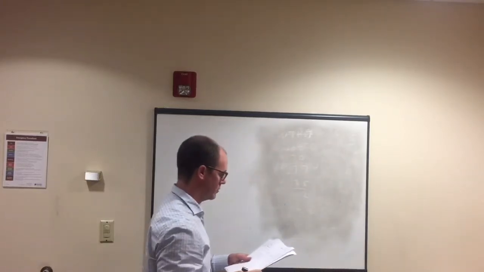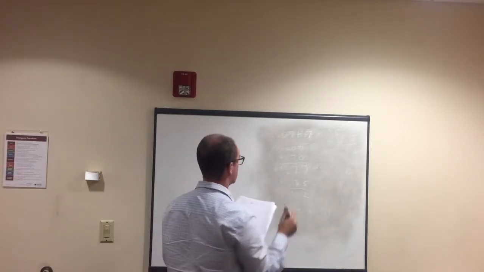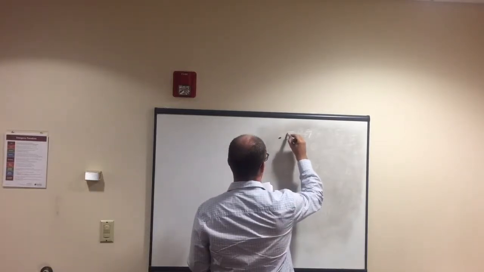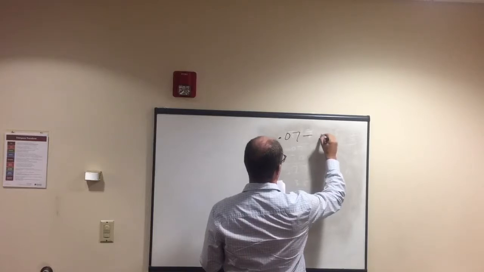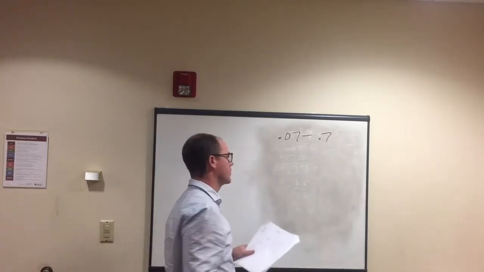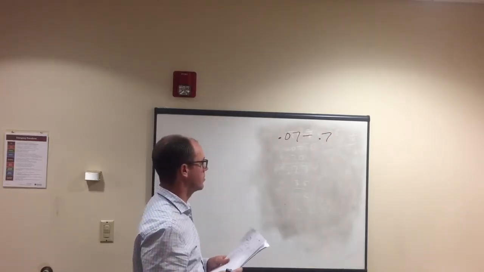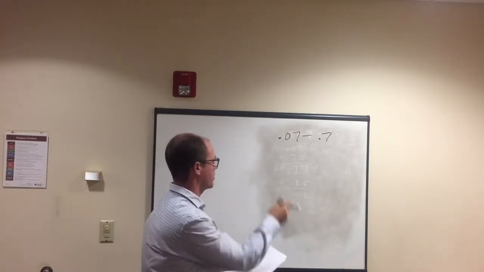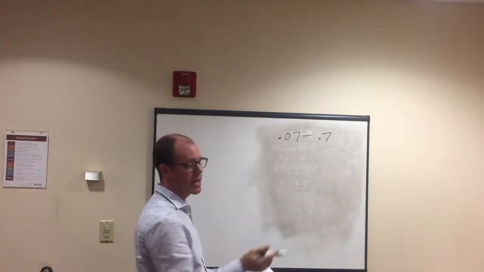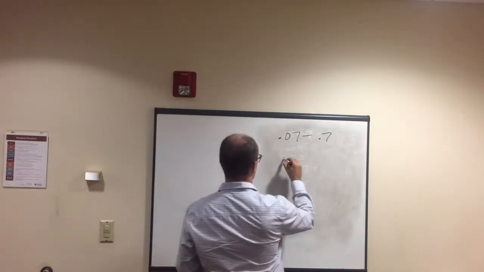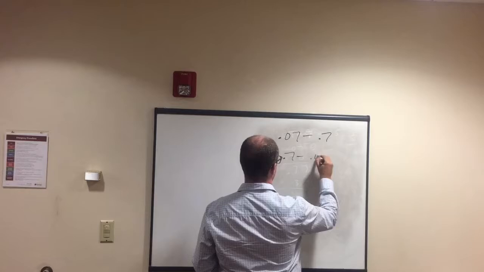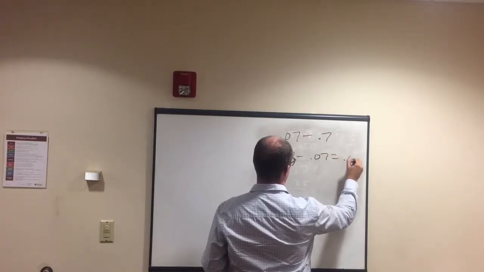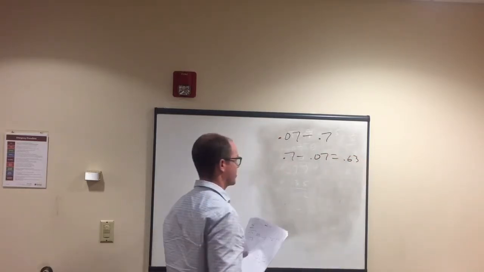Okay, subtracting. Again, what if we have 0.07 minus 0.7 this time? Really the easiest way to do this is to flip it, where it's 0.7 minus 0.07, that would give us 0.63.